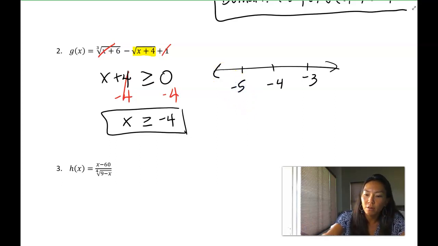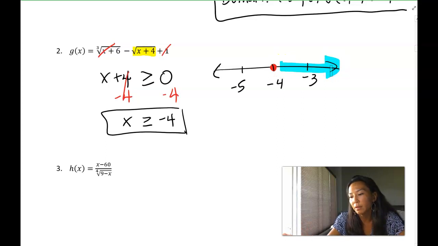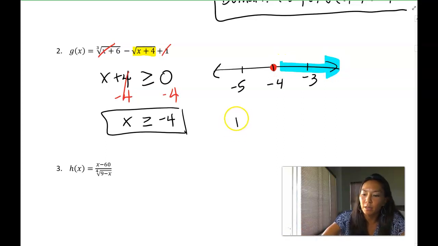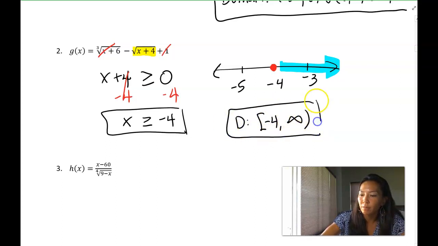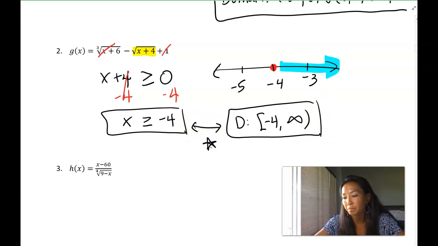And then you would say, at negative 4, it can be, and where else? All the values that are greater than that. So if I'm going to list my domain, it starts at negative 4 and goes to infinity. Both of these are good ways to show the domain.